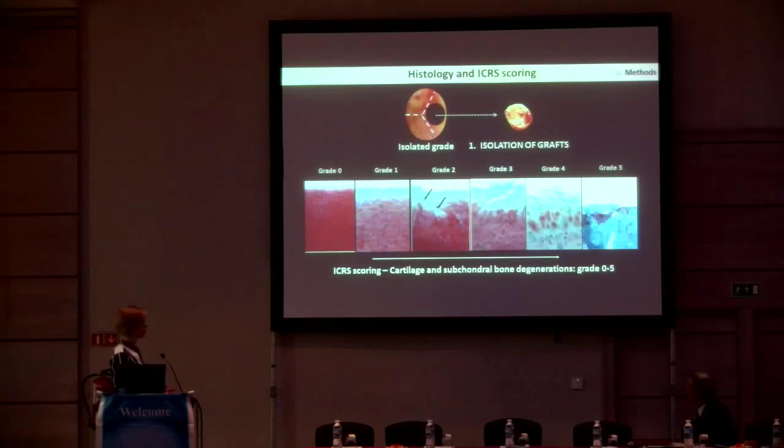As we go further, we have more and more degradation of the osteoarthritic cartilage. As you can see here in grade 1 and grade 2, we have a loss of staining, which means depletion of the cartilage matrix. We have an irregular surface of the cartilage, and in grades 3 and 4 we have fissuring of the tissue and also loss of staining, and in the last stage we have just a little bit of cartilage left and exposure of the subchondral bone.